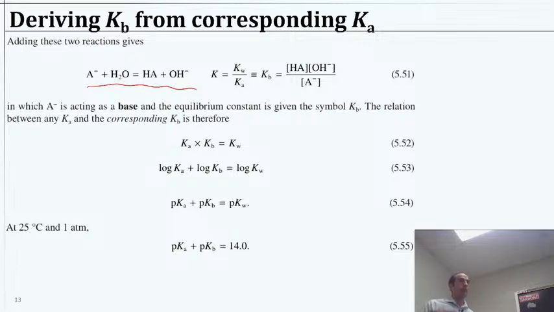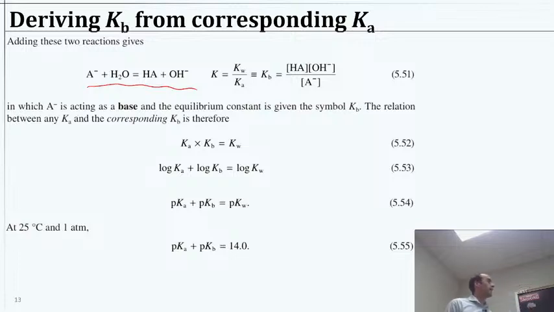So it's a way where we can get the base constant given some Ka value. Again, I don't think we need to deal with this too much, but just to show you that it's here, if we ever did need to deal with it, there's a way to handle it. There's a correspondence between Ka and the so-called Kb. So Ka times Kb is going to equal the Kw, and that's something we can note based on this relationship.